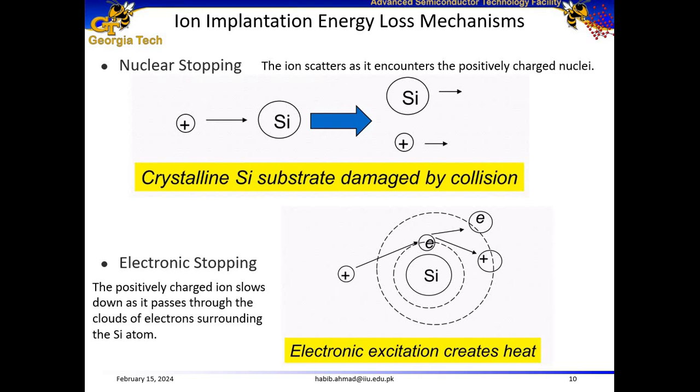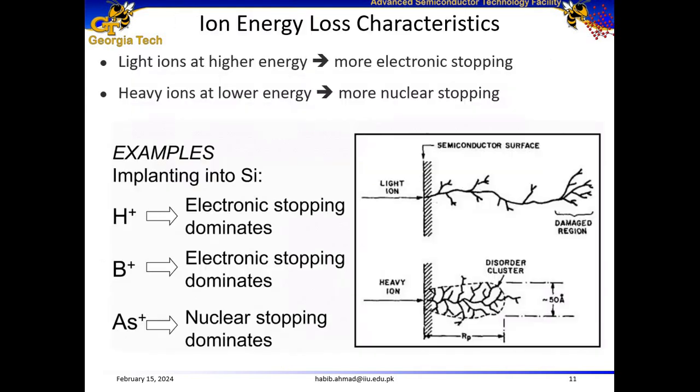In electronic stopping, these positively charged ions are actually slowed down by clouds of electrons, resulting in excitation of electrons, further resulting in some sort of heat. So electronic stopping is more observed in lighter atoms, for example hydrogen or boron, while nuclear stopping is observed in heavier dopants, for example phosphorus or arsenic.